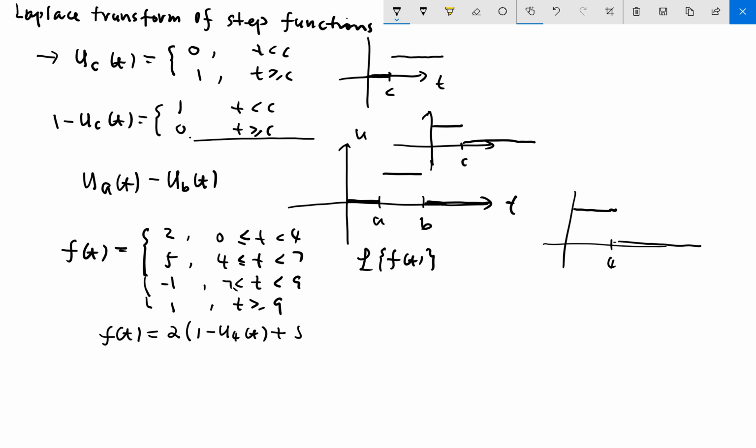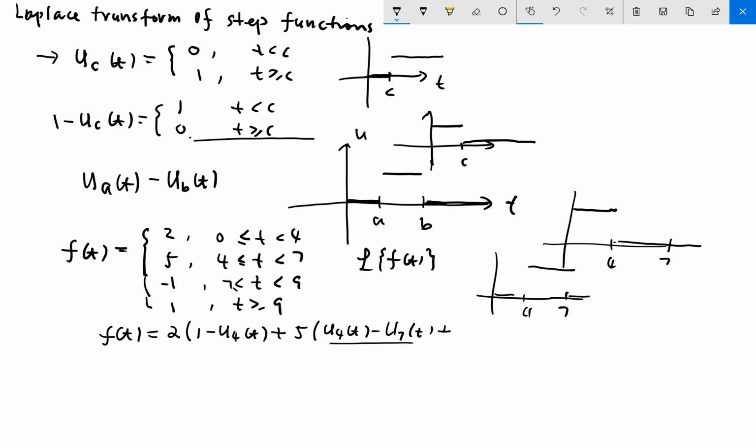Then plus 5 times something that is only non-zero between 4 and 7. So you have 5 times (u_4(t) minus u_7(t)). This function gives you 1 between 4 and 7, then 5 times that gives you 5, and the rest is 0, so it doesn't interfere with the others.